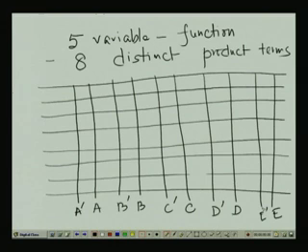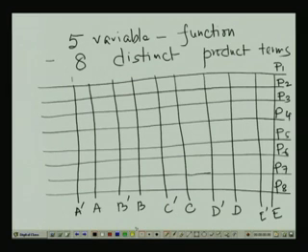These are my 10 variables, and the 8 distinct product terms it will generate, say P1, P2, P3, P4, P5, P6, P7, and P8.